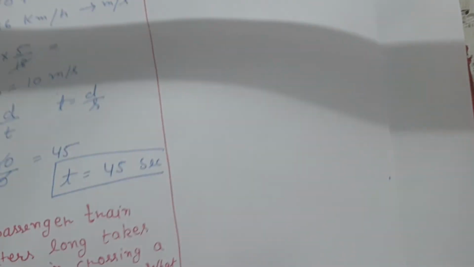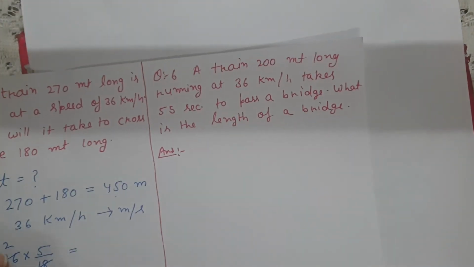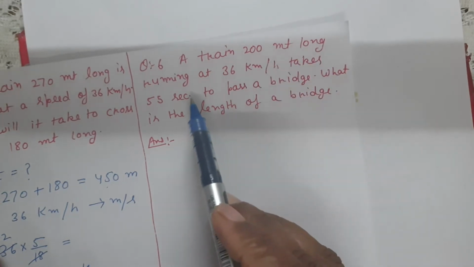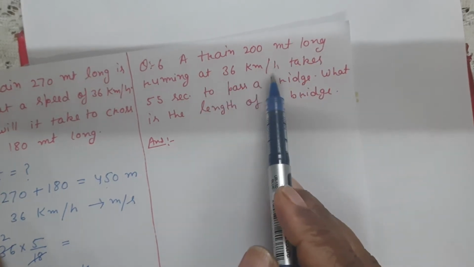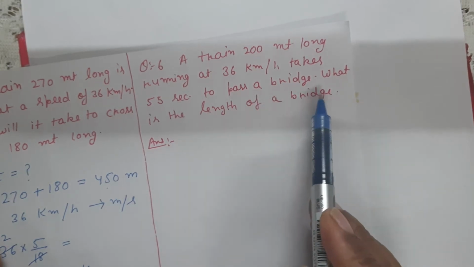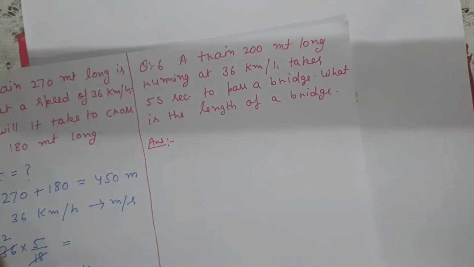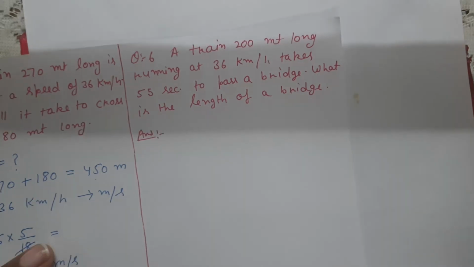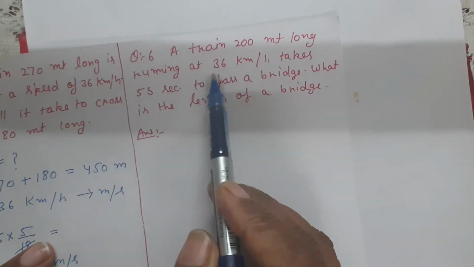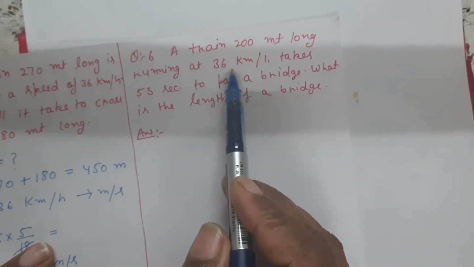And now question number 6. A train 200 meter long running at 36 km per hour takes 55 seconds to pass a bridge. So what is the length of the bridge? And now we know a train 200 meter long is running at 36 km per hour.